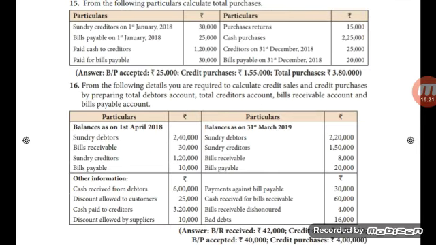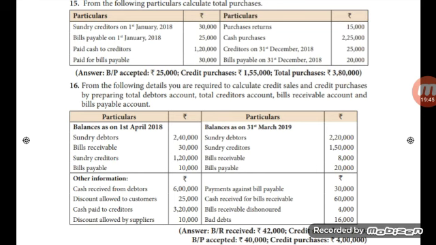Solve exercise 15 and 16. Let me explain the question. Exercise 15. From the following particulars, calculate total purchase. For that you have to prepare bills payable account and creditors account. First, bills payable account.